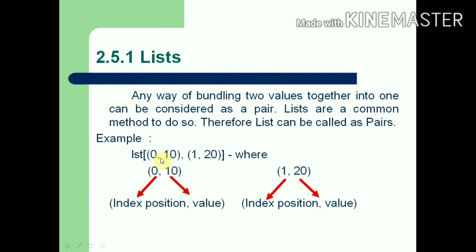Lists are a common method to do so. Therefore a list can be called a pair because it may contain pairs. This one is the first item with its index number, this one is the second item with its index number, but in the previous example we didn't mention the index number, we simply input the values.